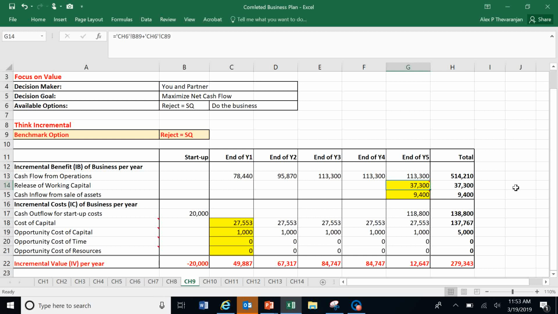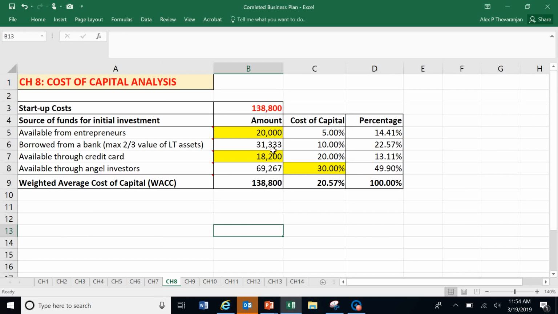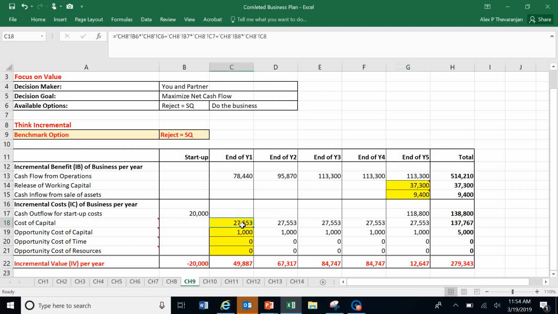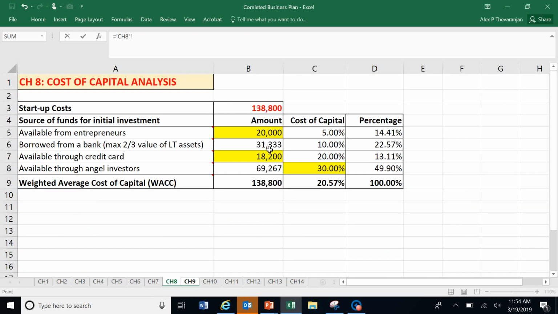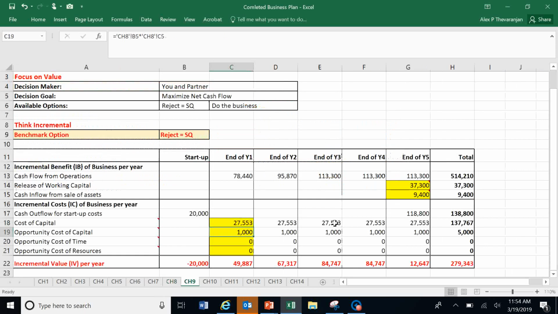Then we come to other costs. In addition to the 20,000, your need was 138, so the rest you borrowed. Now you have to pay interest on that. If I program it, this is equal to, coming to chapter 8, you borrowed this at 10%, plus you borrowed 18,200 at 20%, plus you borrowed 69,267 at 30%, and that's your interest cost, every year.